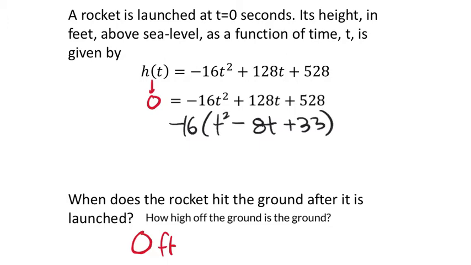I'm not worried about that yet, but now I have a leading coefficient that is 1, which is great news because I'm just going to factor this into two separate factors. What I need then is for 2 factors of 33 to add up to -8. So it's negative, yes. Make sure you get your signs correct.